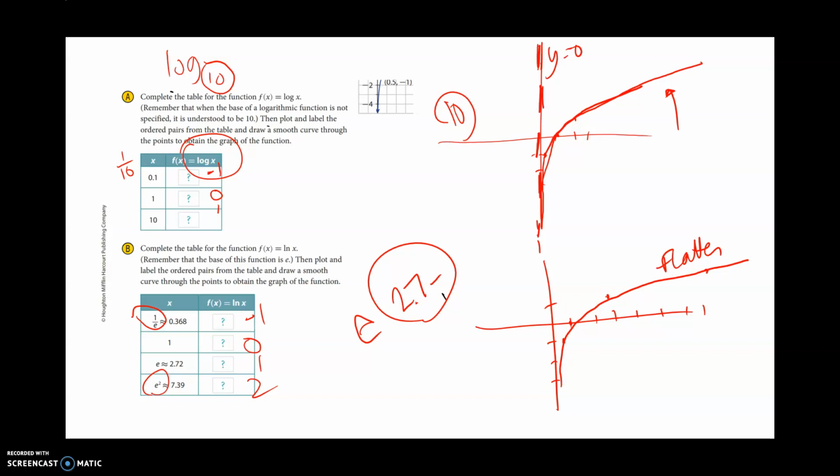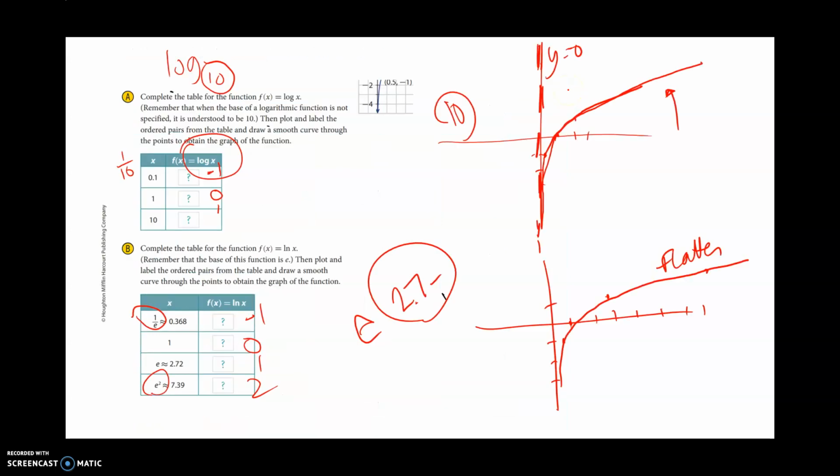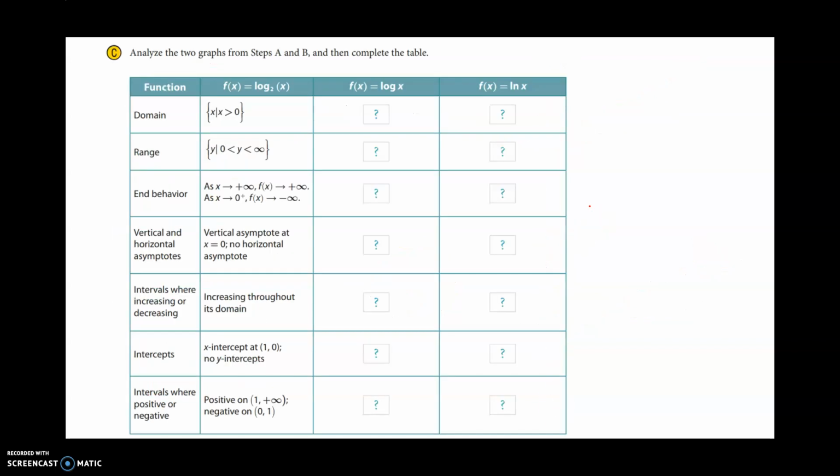So what we want to do is look at some important properties of these functions. Our domain, if we go back here, folks, what's our domain? We have this vertical asymptote, so our domain in interval notation is 0 to infinity.